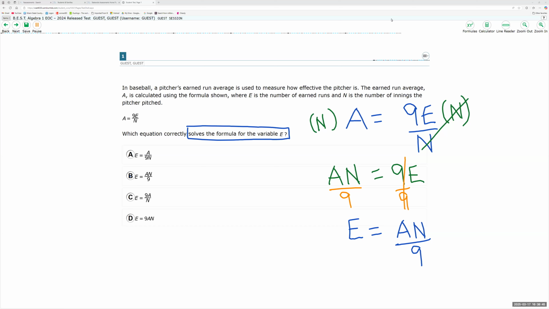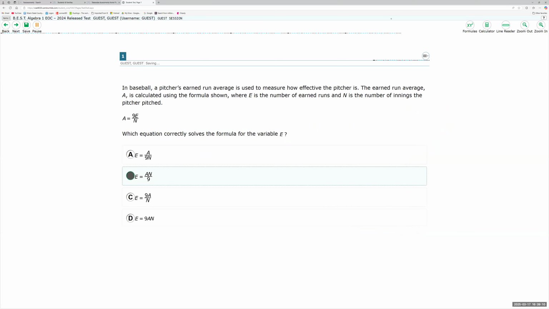And from now on, when I say pause, you can go back, rewind and pause it as you need to. But so far the answer is B right there. So pause the video as I erase my annotations. AN over 9 was my answer, and I'm going to click next.